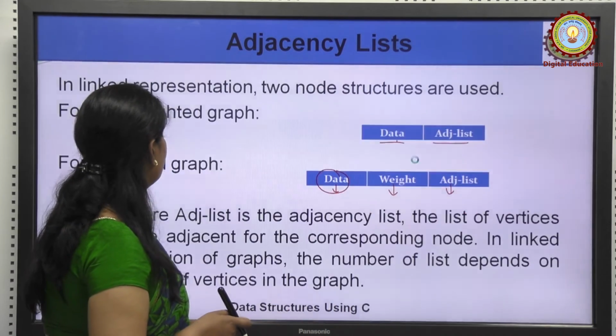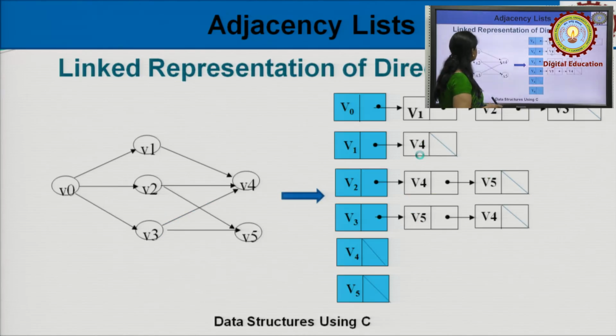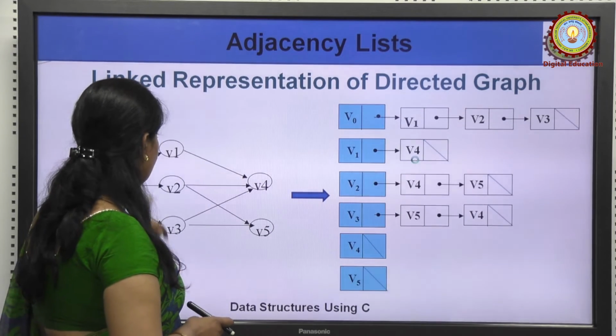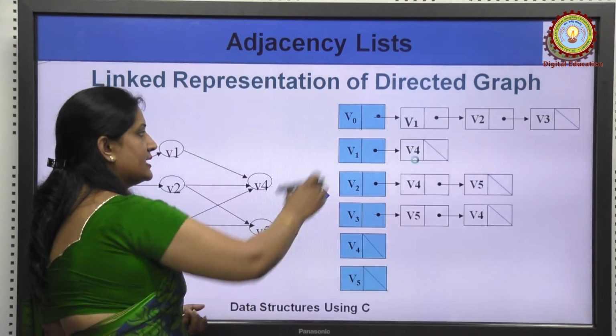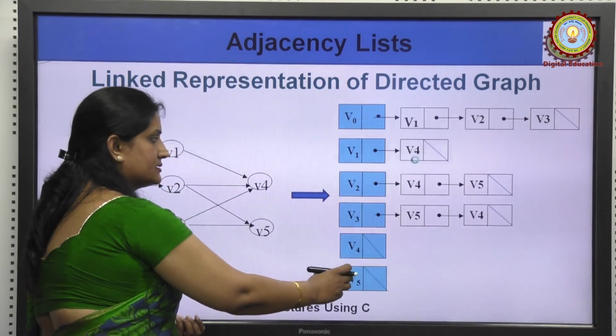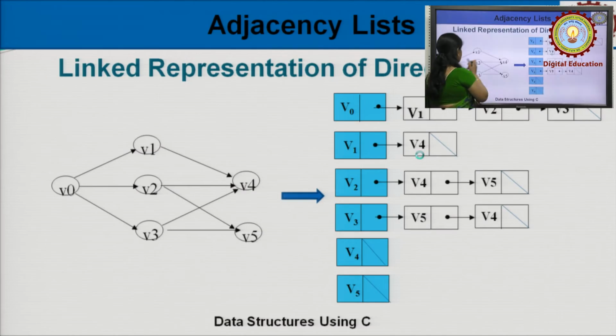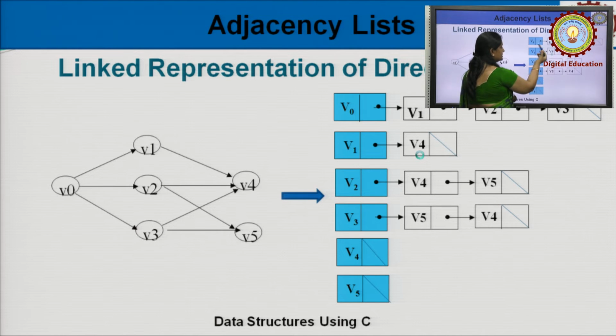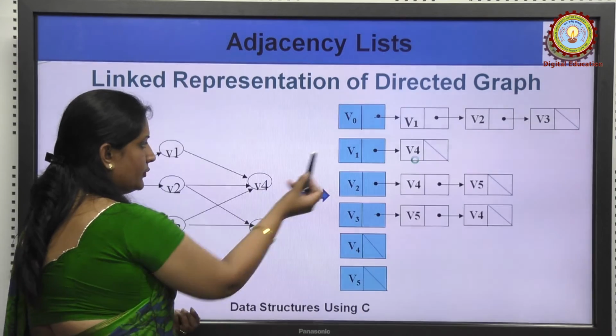Next, linked list representation of a directed graph. Same, there are 6 vertices, then size of the linked list is 6. Node 0 is adjacent to 1, 2 and 3. V0 is adjacent to 1, 2, 3. 1 is adjacent to 4 only.